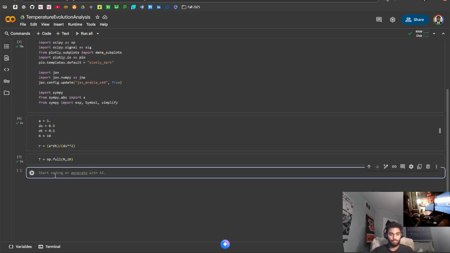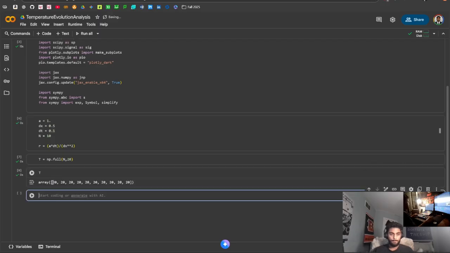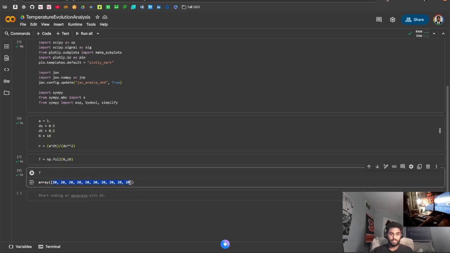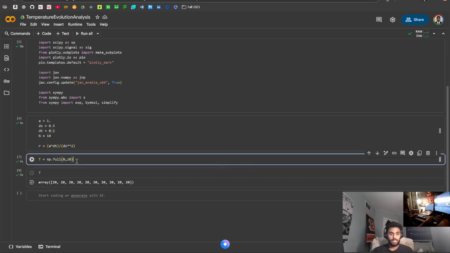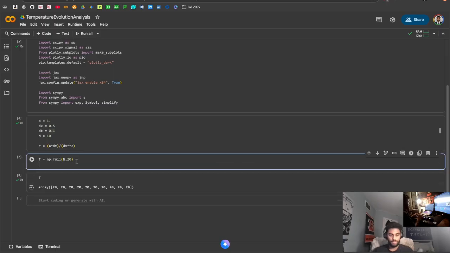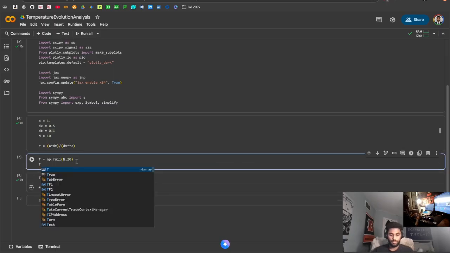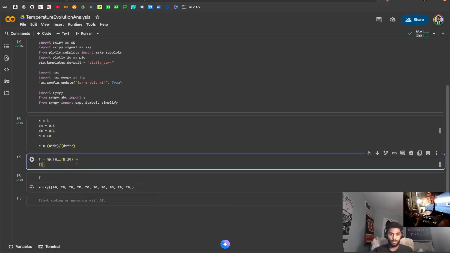Right? So now, boom, I have a full array of 10 20s. And at time equals 0, for the temperature, I'm going to change this first position.